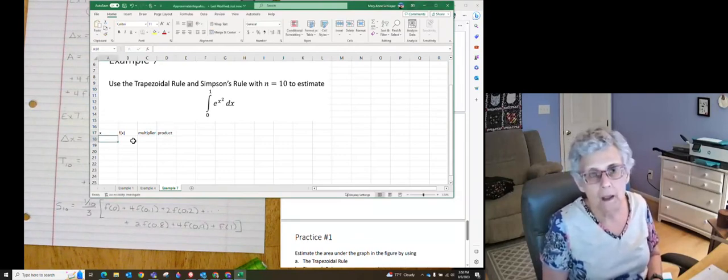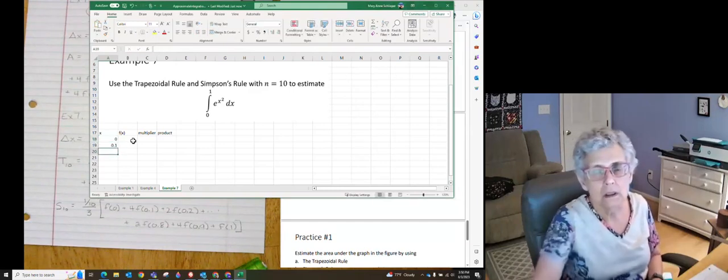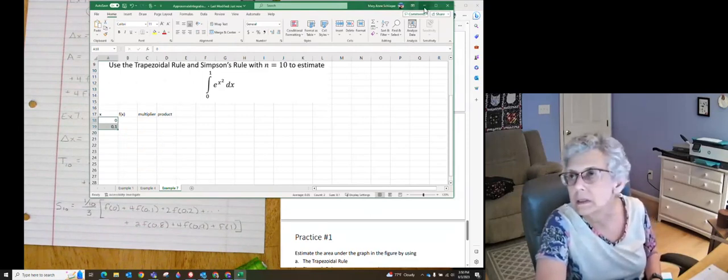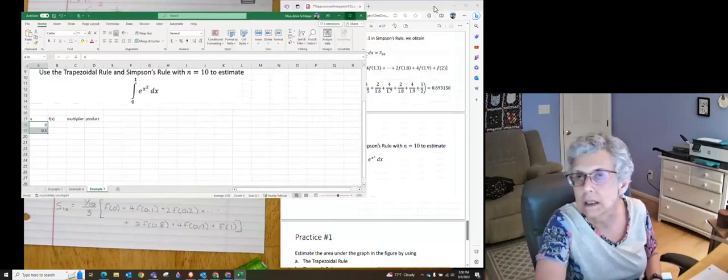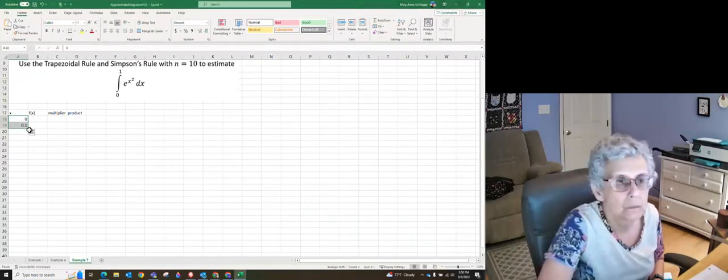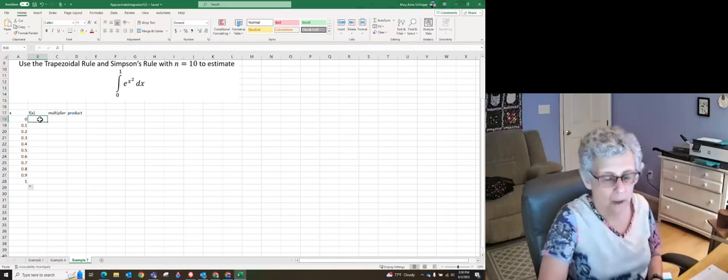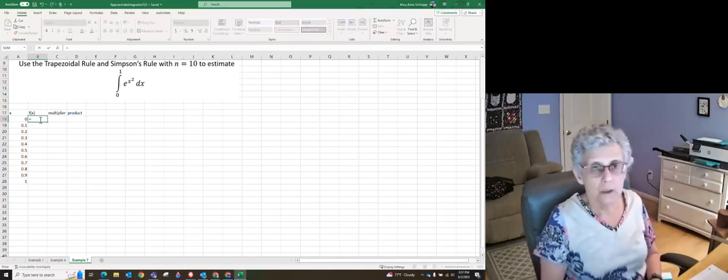product. My x's go from 0 to 0.1, and let's go ahead and make this big so I can drag it easily until it gets to 1. Equals.